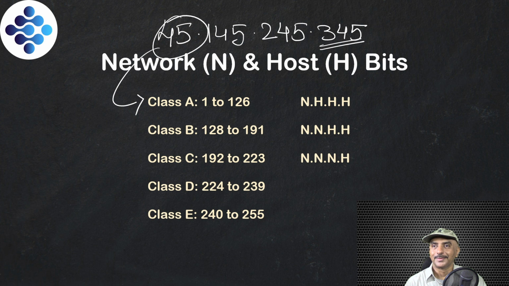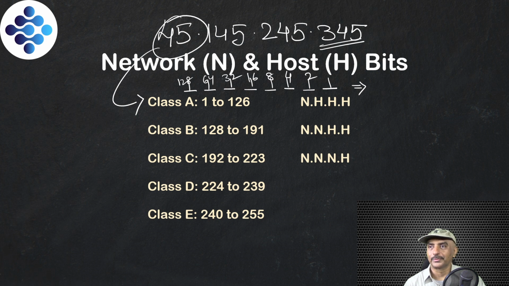Not possible, because in one octet, when all of them are 1, the total would be 128 plus 64, 192, 192 plus 32, 224, 224 plus 16, 240, 240 plus 8, 248, 248 plus 4, 252, 252 plus 2, 254, and the last one makes the total 255. So the highest possible number would be 255.